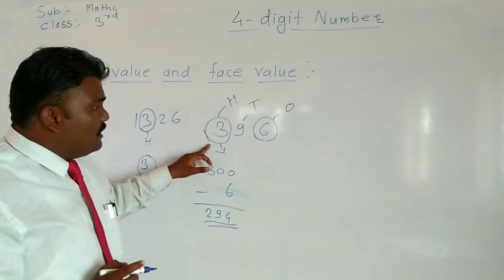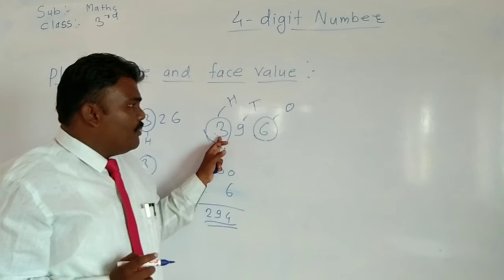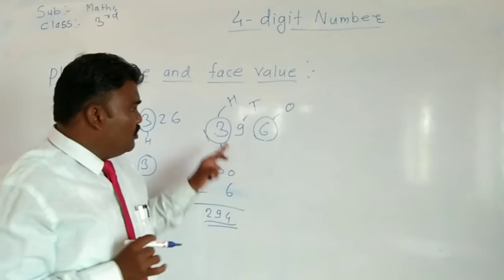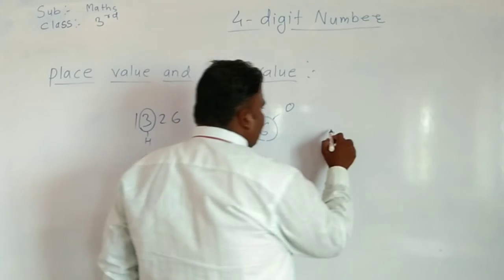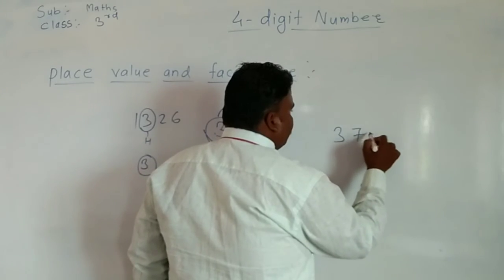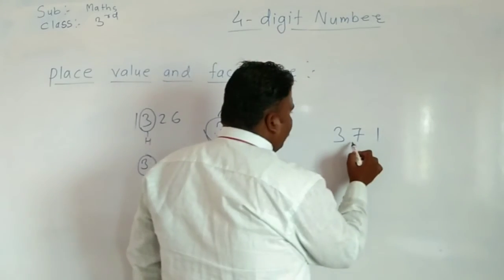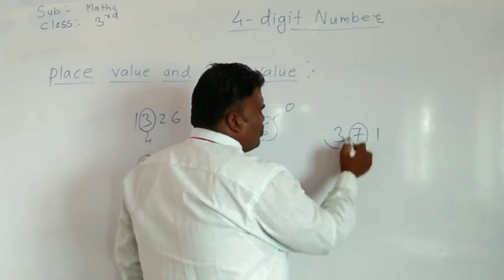Now in this question we talked about the place value of 3 and 6, which means the subtraction between the place value of 3 and the place value of 6. But sometimes they can ask you what is the difference between the place value of 7 and the place value of 3.